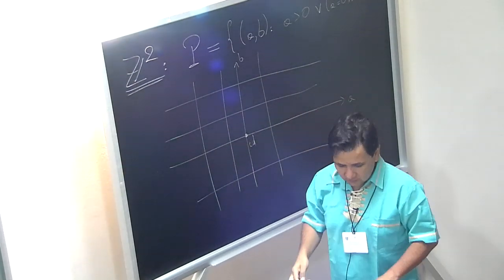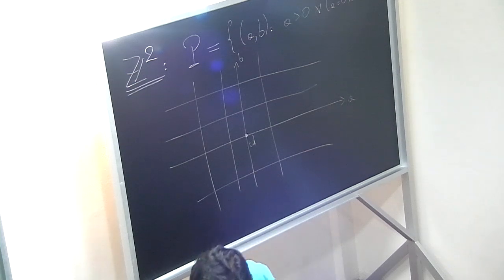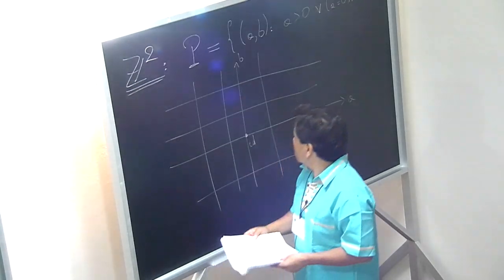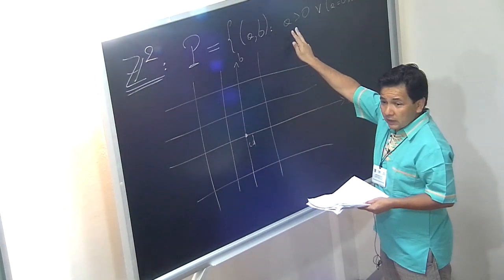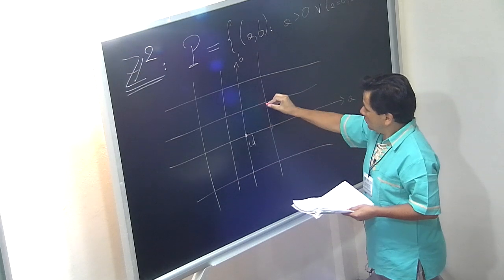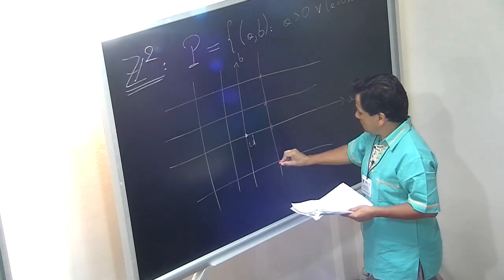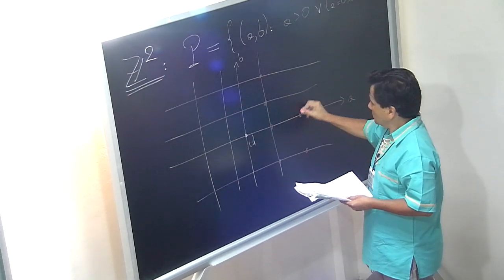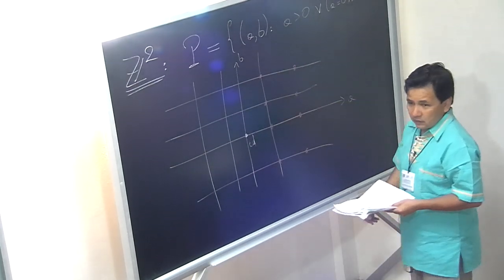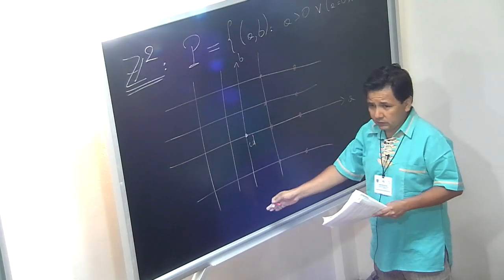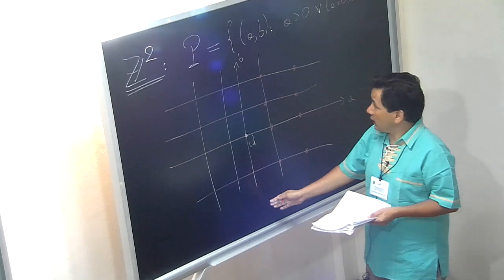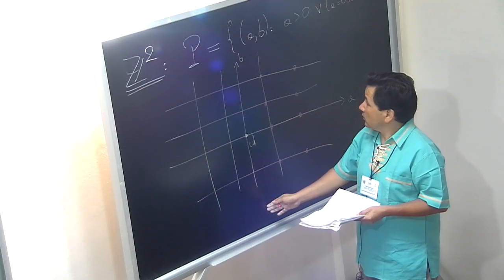Okay. So what are the elements which are positive? The positive elements are those for which A is larger than 0. So all these elements here are positive, to the right of this axis. And the elements for which A is equal to 0, but B is positive.